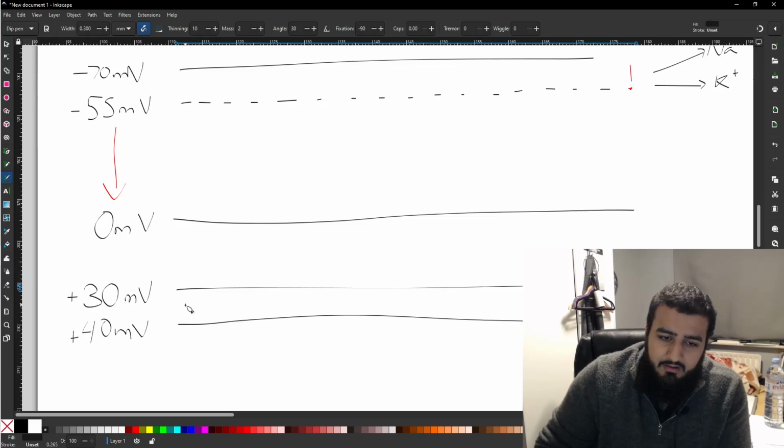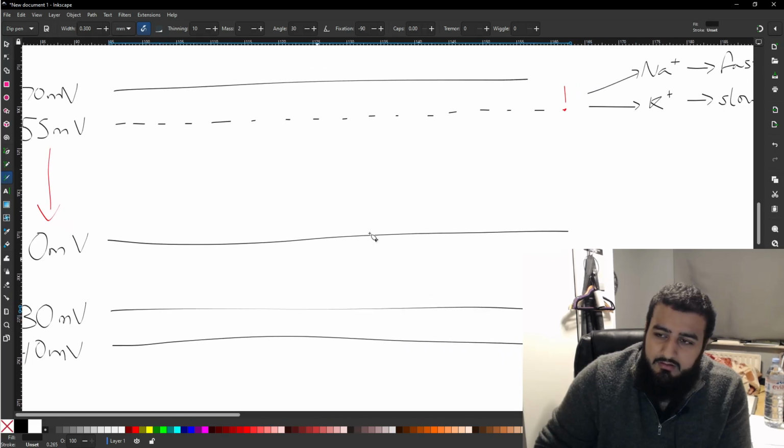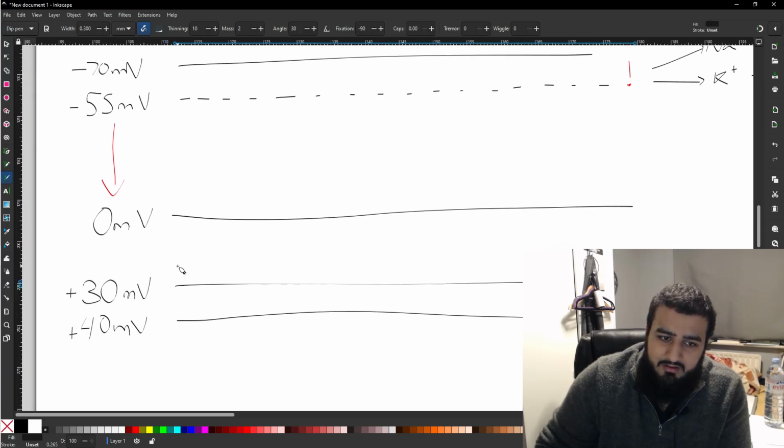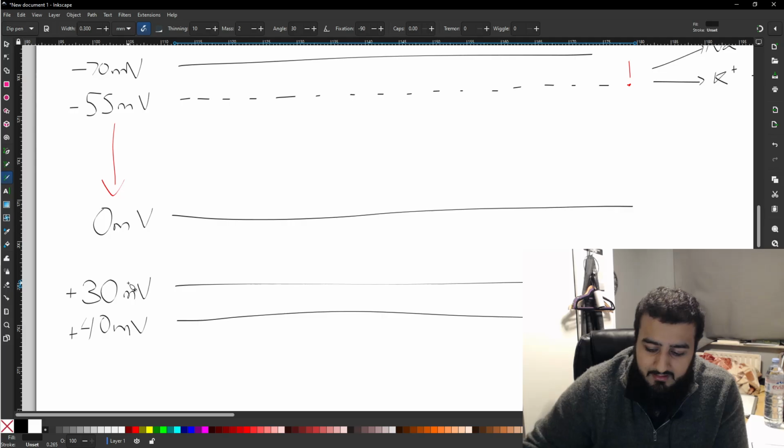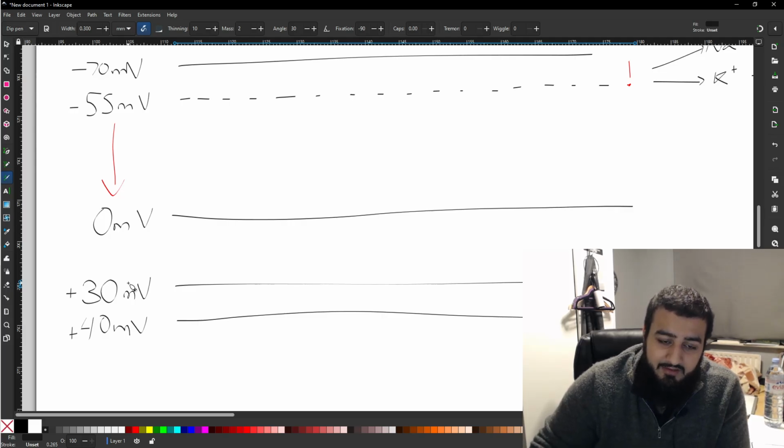After that, the driving force for the K+ channel is minimal, because we already have a positive charge inside. So in fact the outflow begins, or the efflux begins, of the positive charge.